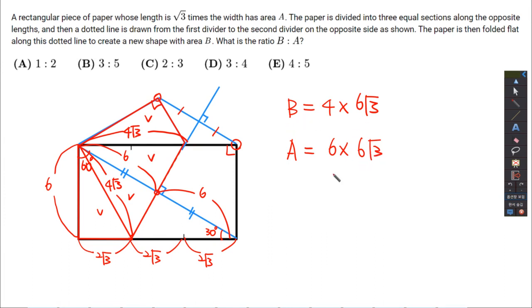So now what's the ratio of B to A? You can cancel these, 4 over 6, and then you can simplify further. 4 to 6, 2 to 3. Yep, so the answer is C.